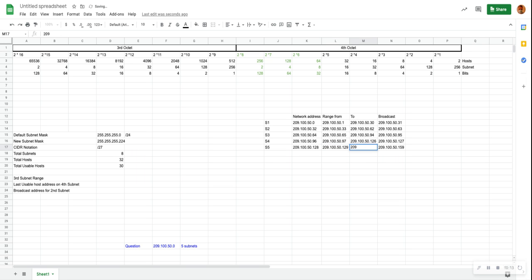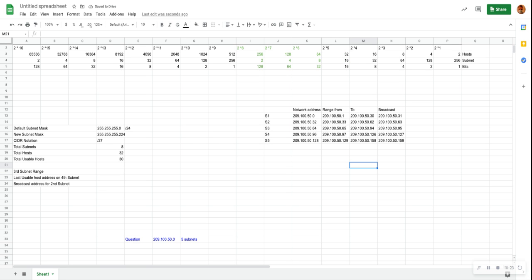You don't want to redo it if you get your numbers wrong. Okay, so that's our 5 subnets. Now this would carry on because 5 wasn't an option, and we have had to use 8. So in theory we would have subnets 6, 7, and 8. But for this example, I'm not going to go into that.